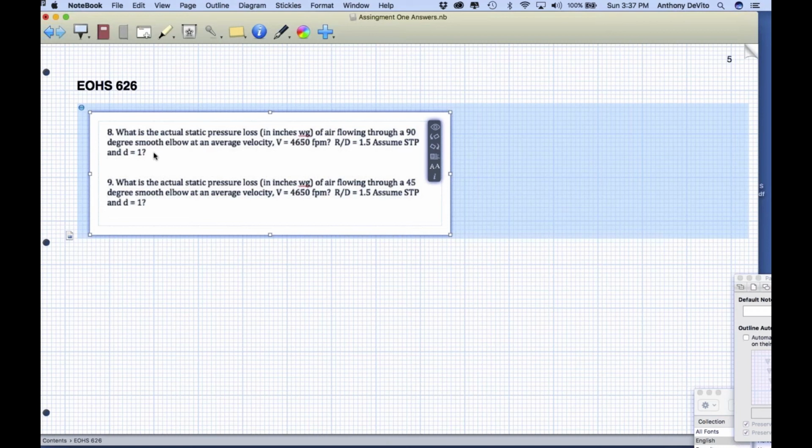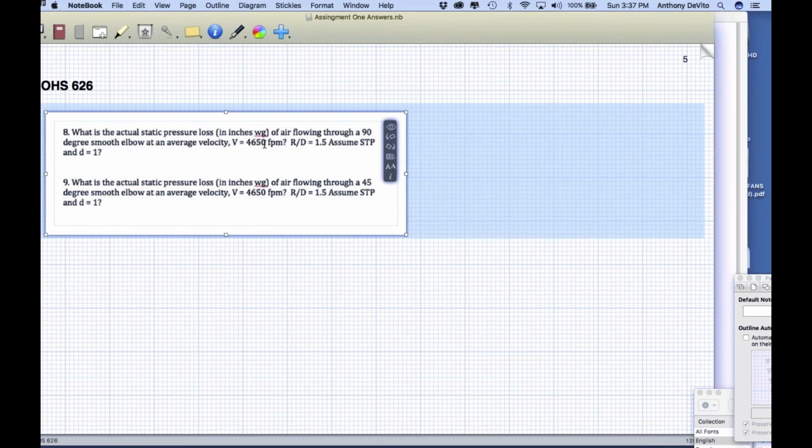Assume standard temperature and pressure, and a density factor equal to 1, so we can ignore that. In order to calculate the loss here, we need to know the velocity pressure, because the actual loss that we're measuring is going to be equal to K, the loss factor for the elbow, times the velocity pressure.